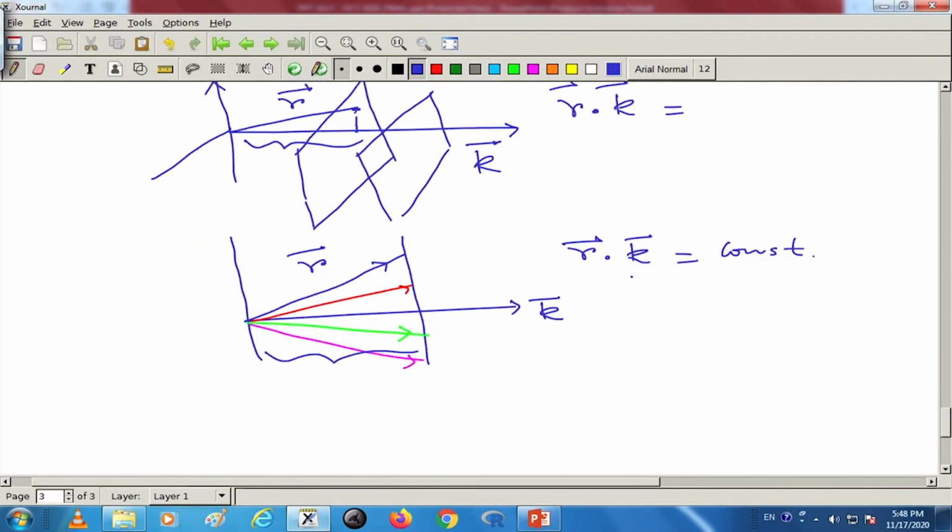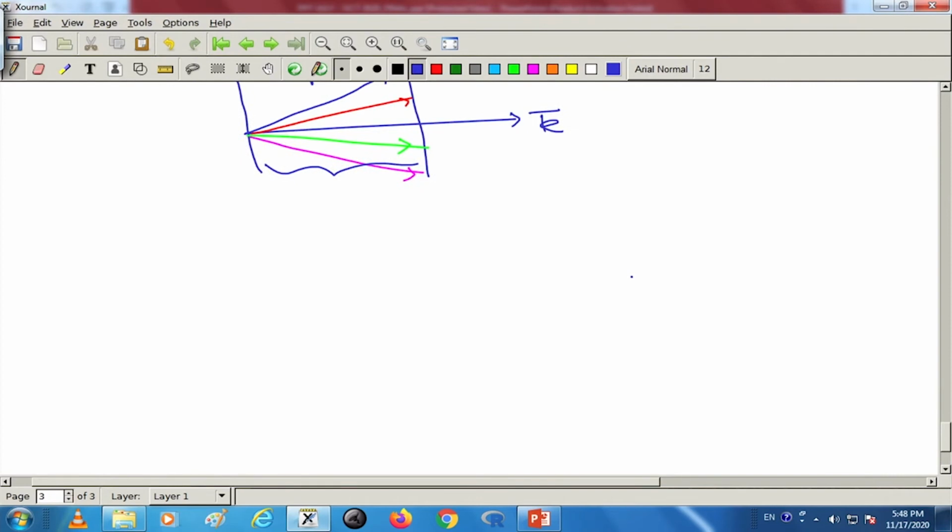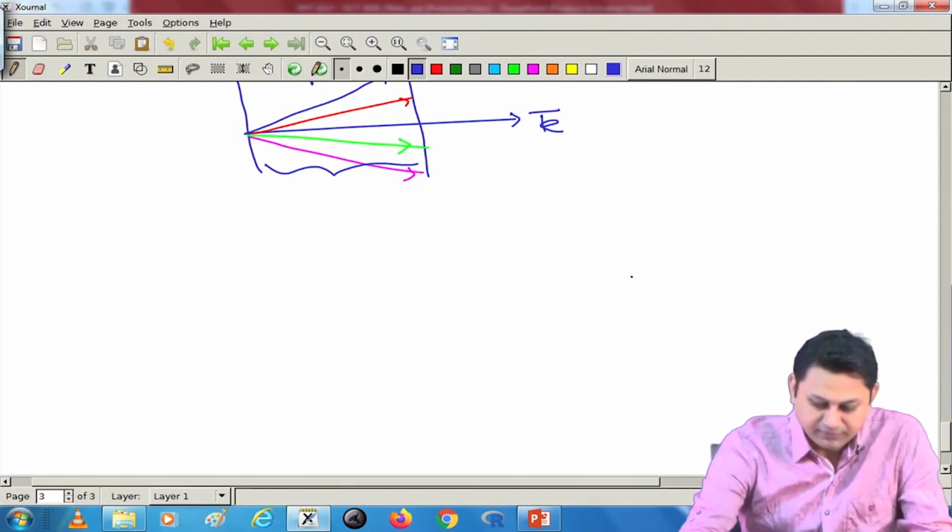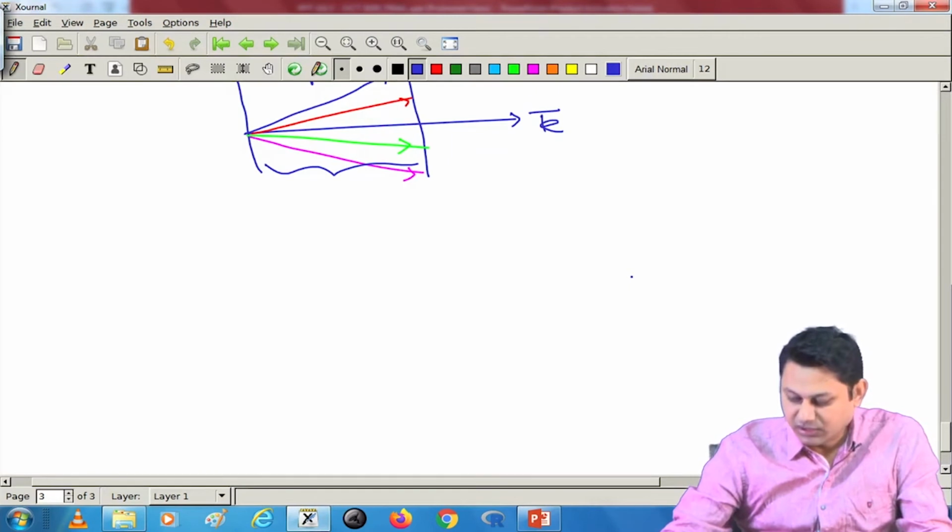This is a very important thing, that the solution of Maxwell's equation is a plane wave. If we assume this is a plane wave solution, then we can extract a few other things as well from that.